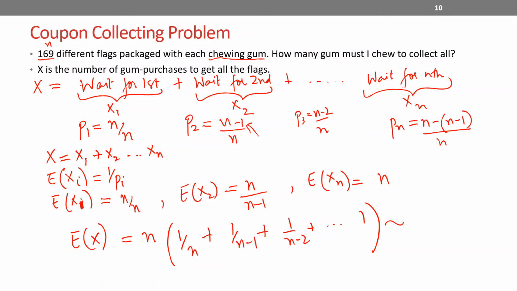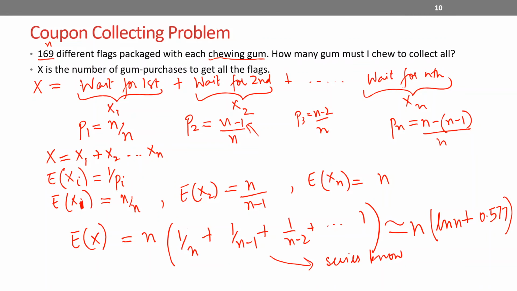This is almost equal to, not exactly equal to, but the value for this series is known, and this is equal to log of n plus 0.577.